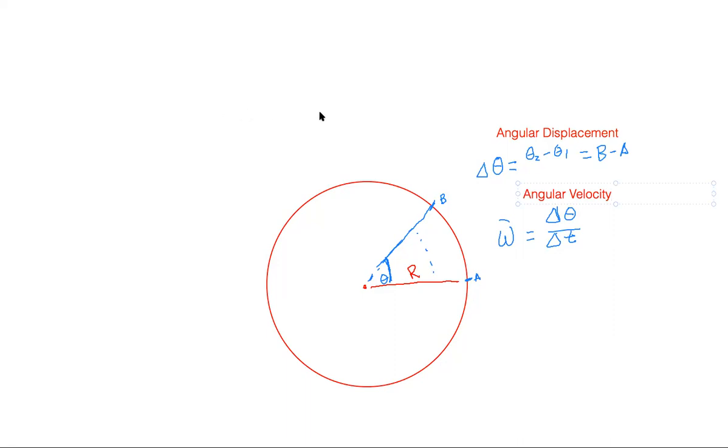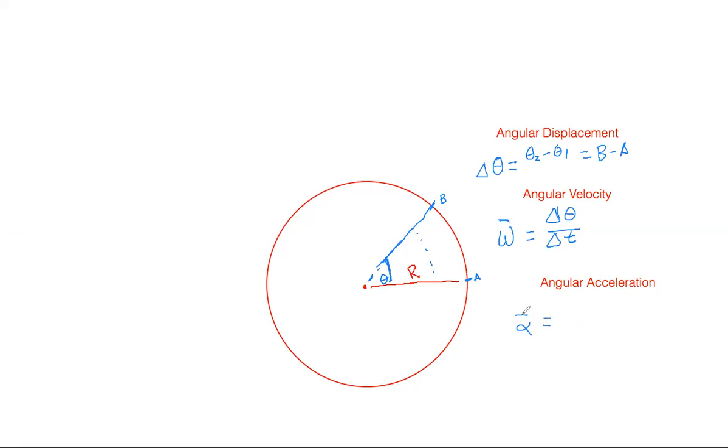And then we can clearly extrapolate from this. Well, what would I call my angular acceleration? How fast that angular velocity is changing. So in this case, I'd call it alpha. And I'm putting the bar above because right now we're dealing with average values, because these are the non-calculus versions.